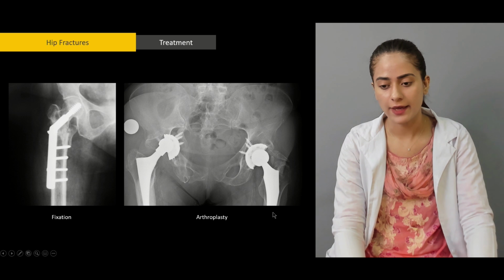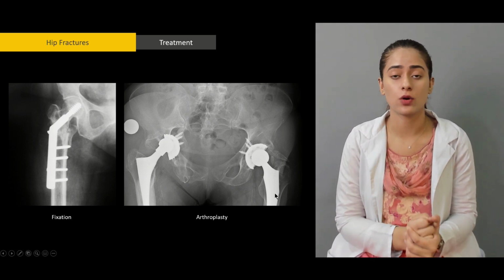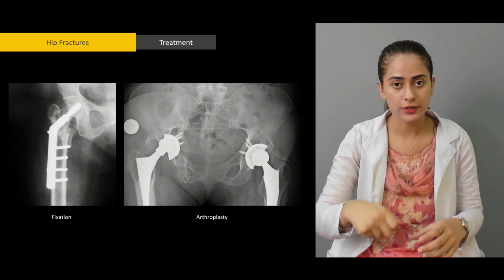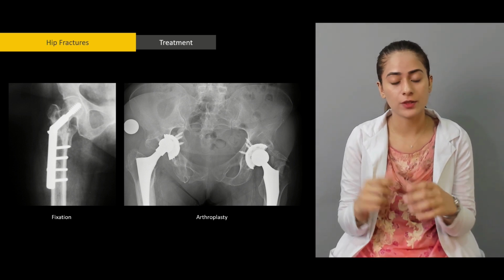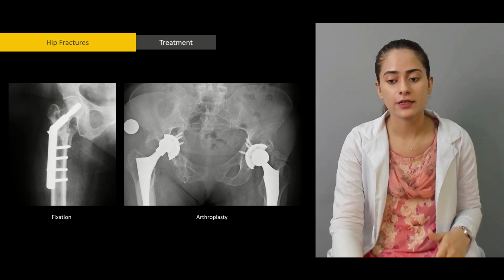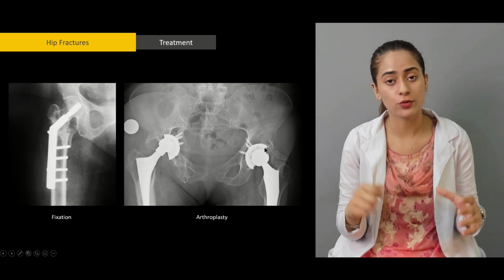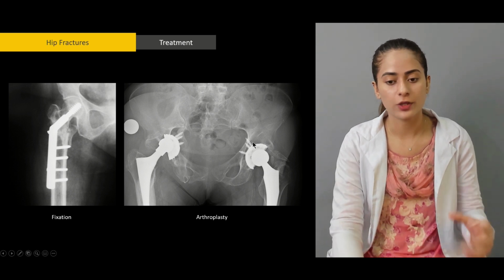And then this is inserted inside the shaft of femur. So the shaft of the femur is drilled first, and then this is inserted inside the shaft, and then this acetabulum is inserted inside the pelvis bone with screws, and then you place it inside.